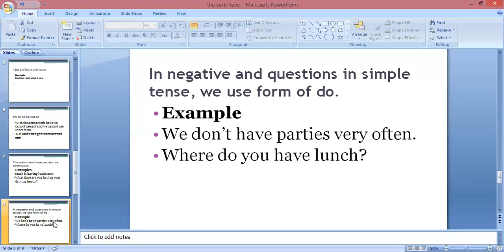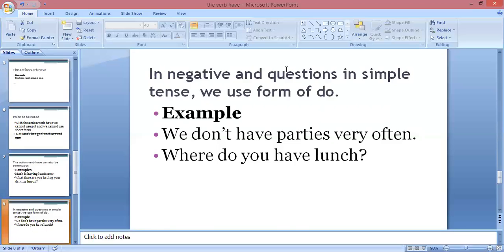This is a negative form of a sentence. If we are making a sentence with have, first we have to put do or don't. Okay, so the last thing is the question form: where do you have lunch? This is a question form with have, we have to first put do or does.